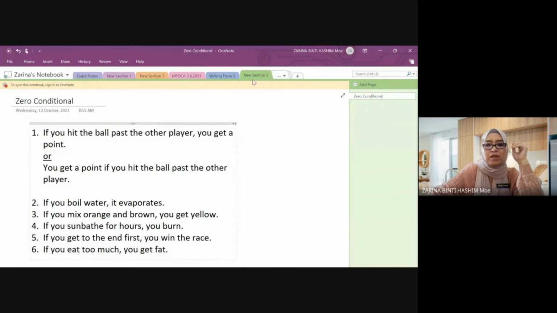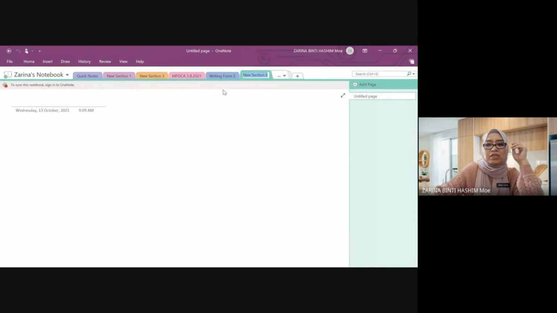This one we have done with the zero conditional. Now we go to first conditional. I type here first conditional as the title. If you are doing it in your exercise book, you can also type that. Okay, let's look at number 1. I will increase the font first.